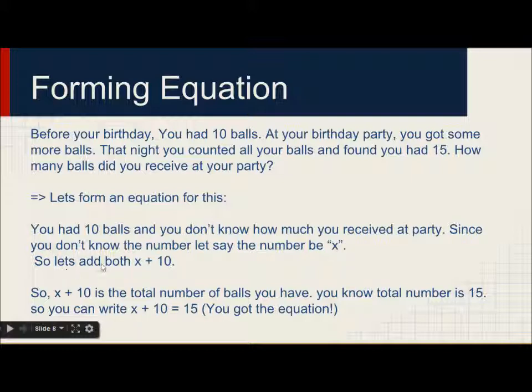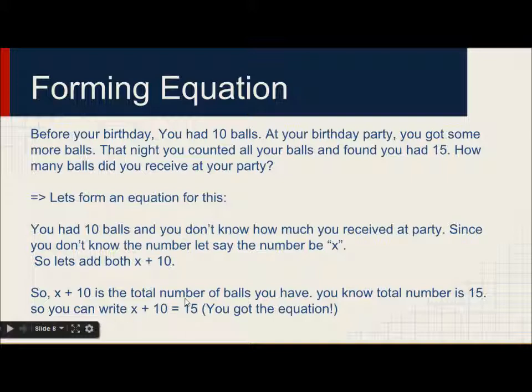So let's add x plus 10. x plus 10 is the total number of balls you have, where 10 was the number of balls you had before your party, and x is the number of balls you got at the party. So x plus 10 must be equal to the number of balls you have now, which is 15. So you got the equation: x plus 10 is equal to 15.